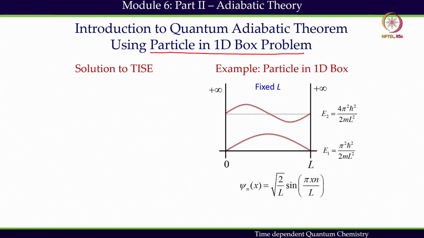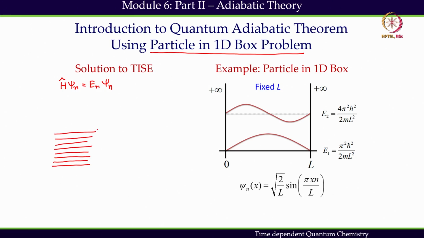So we will begin. We have already realized that the solution to the time independent Schrodinger equation provides a set of stationary state wave functions represented by psi n. So if I have this time independent Schrodinger equation, which is given by this, when we solve it, we get the entire spectrum of the system, which means the eigenstates of the system.